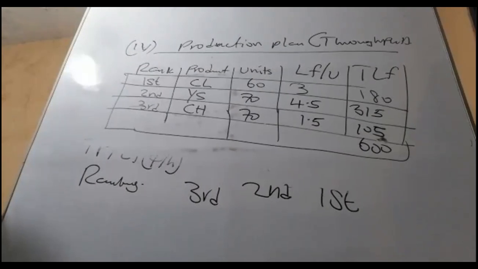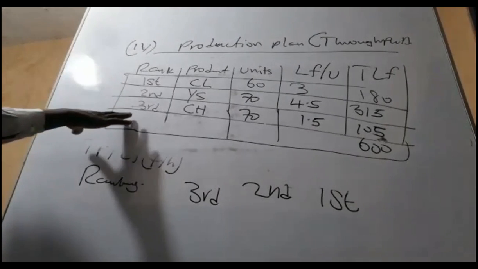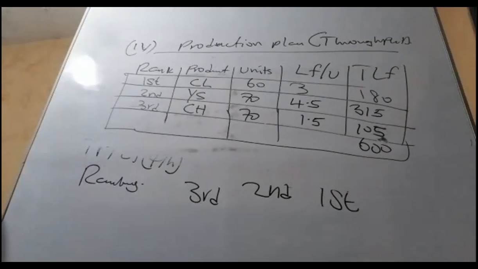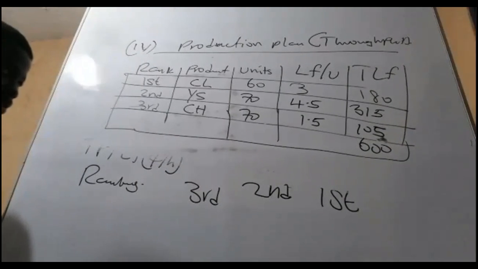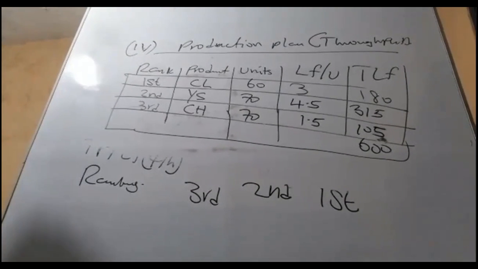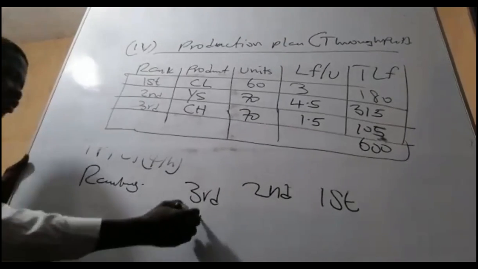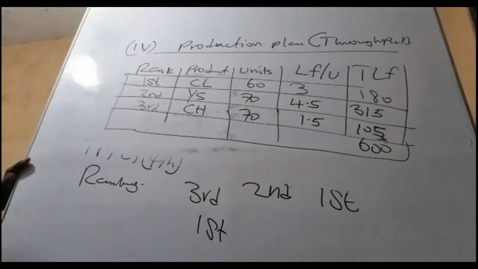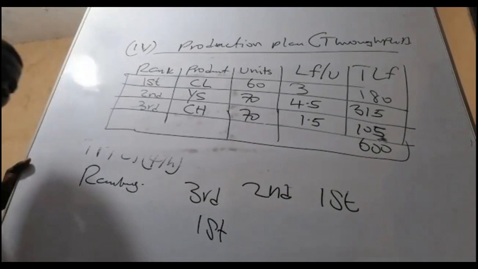Now let's revisit the first one that we did, just the last table, where the resources needed change. Meanwhile, the first one, if you remember, this one was the first one, right? And then the second was the CL, right?